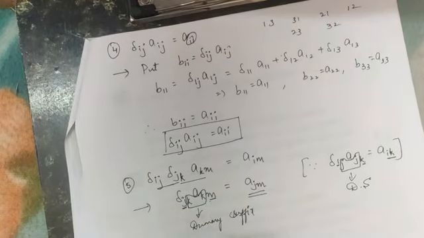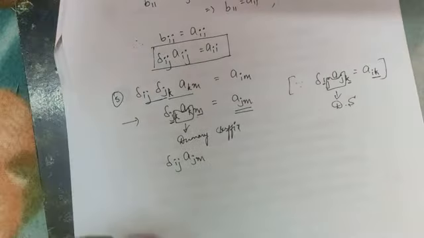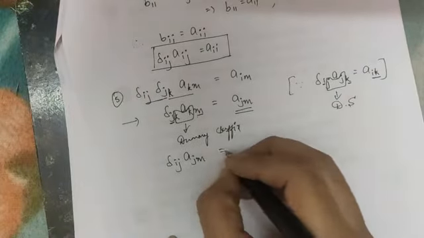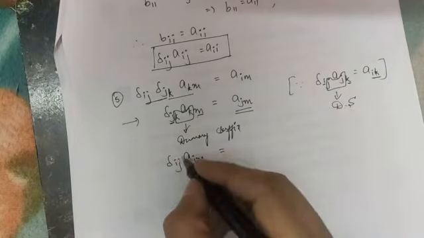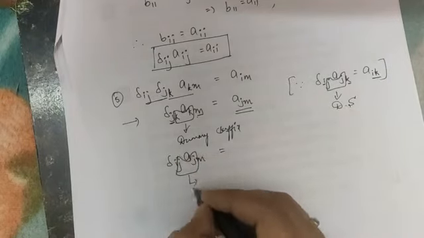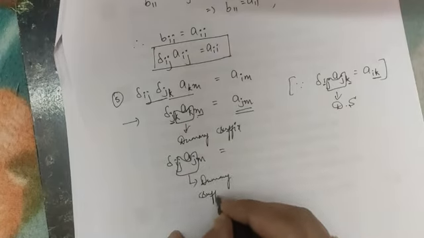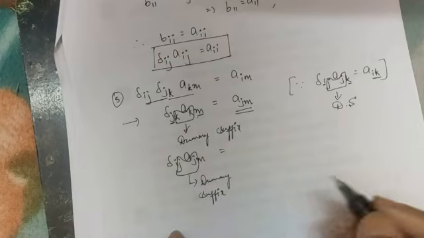Now what is there on the LHS? Delta ij ajm, right? So again we can use the same property. Here j is the dummy suffix and i and m are free suffixes.